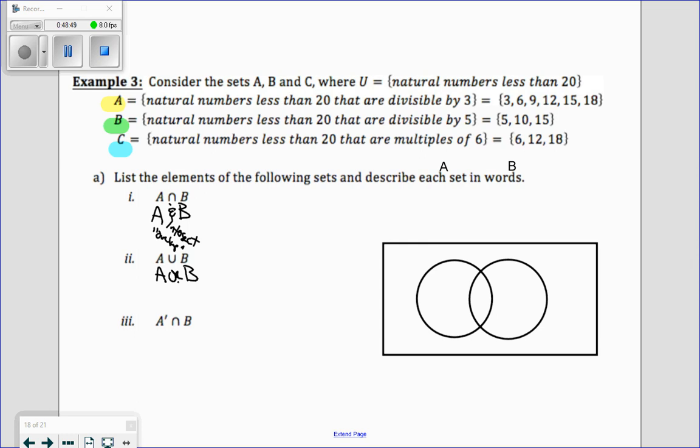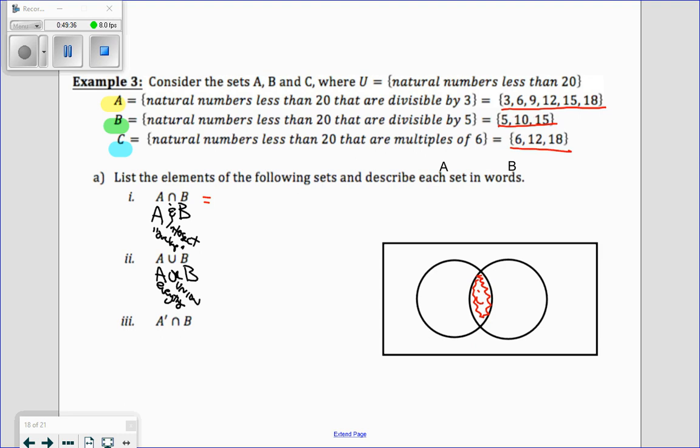Or means union, which is everything. Part I is just this part right here. I've listed out the elements beside each one: numbers less than 20 divisible by 3, divisible by 5, and multiples of 6. Multiples of 6 is another way of saying divisible by 6. Those two are synonyms.